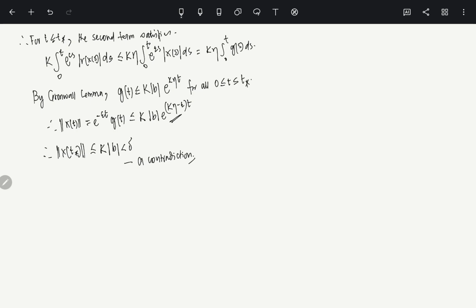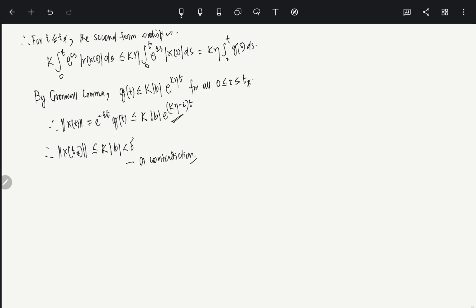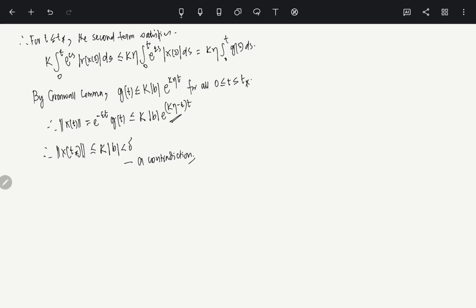Okay, so what does it say? If it leaves the ball, then there is a contradiction.